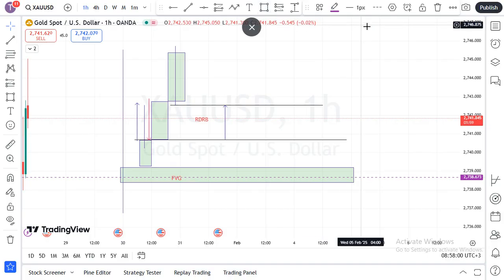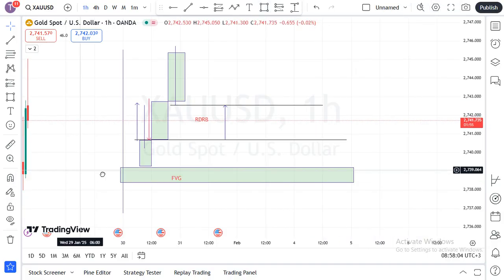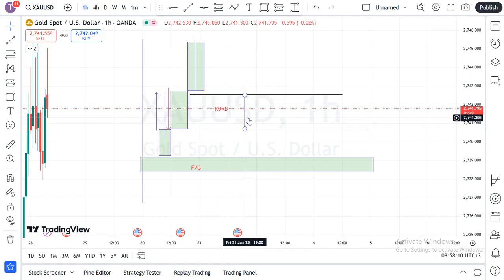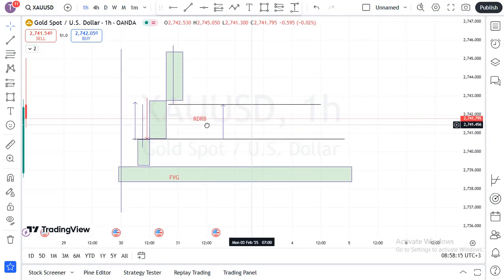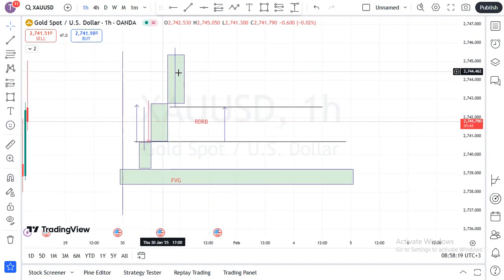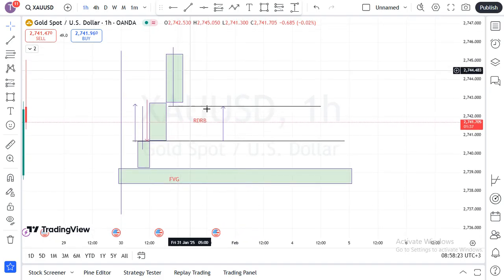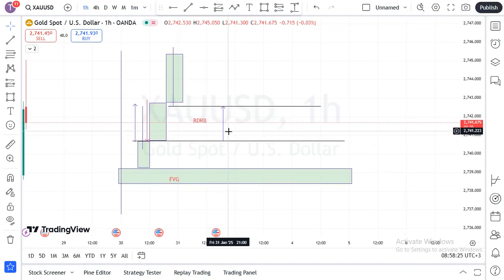Most concepts value the fair value gap more than the PDRA. But that is wrong. Why? It's because this PDRA carries a lot of opportunities.